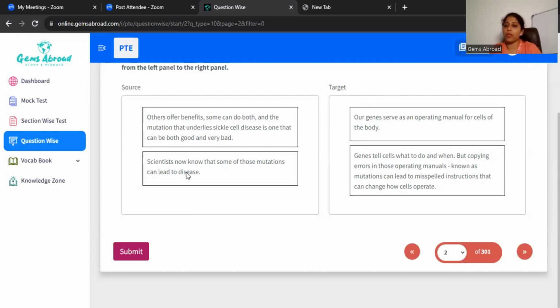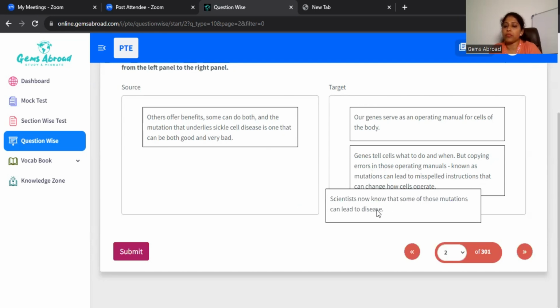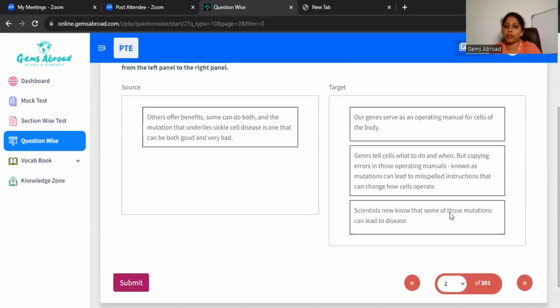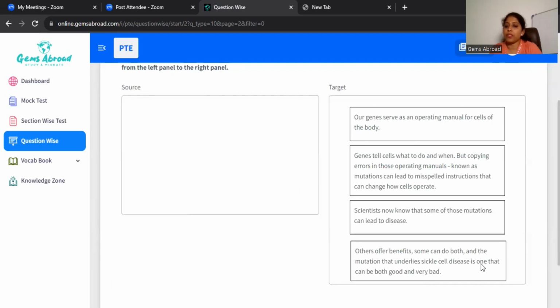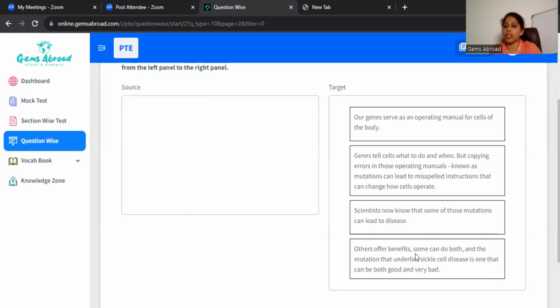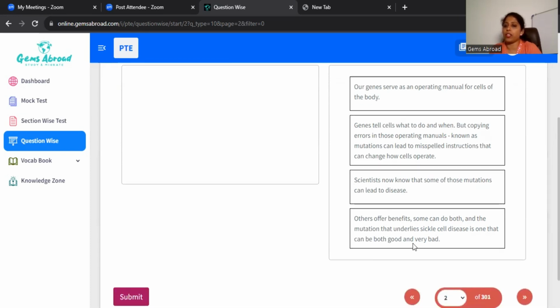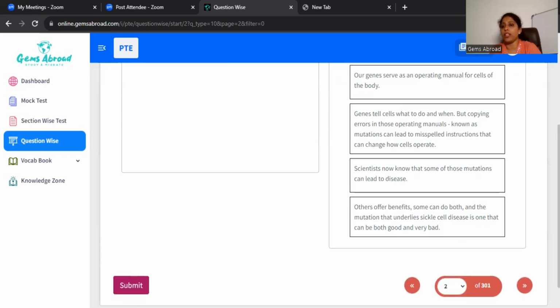So what comes next? Scientists now know that some of those mutations can lead to disease. Again, the last: others offer benefits, some can do both, and the mutation that underlies sickle cell disease is one that can be both good and very bad.